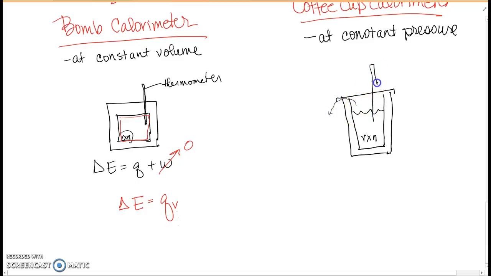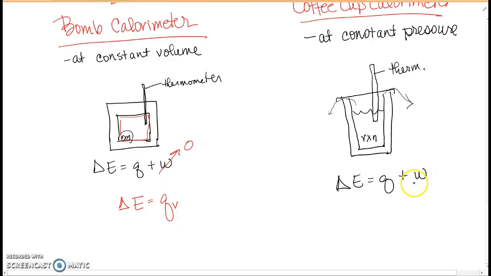And you can also have a thermometer in your coffee cup calorimeter as well. So it's a little different here. Delta E is equal to Q plus W, but because volume could change, like literally if a gas is produced and it expands out, it's getting a larger volume, there is a work component.